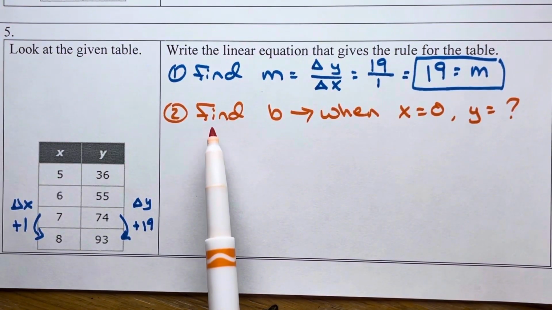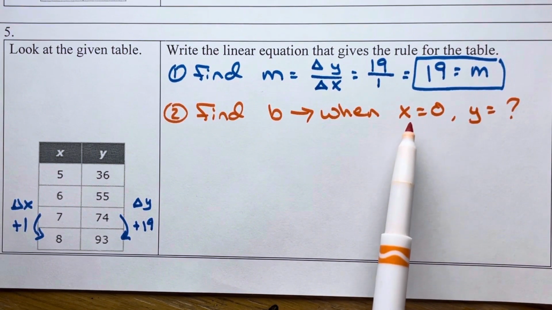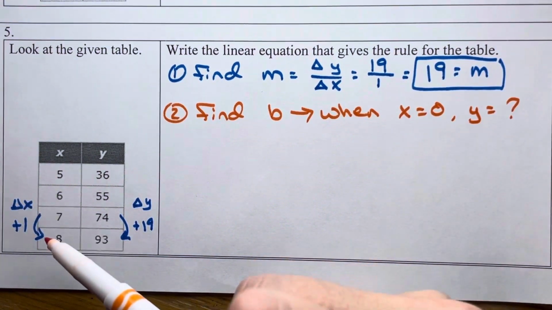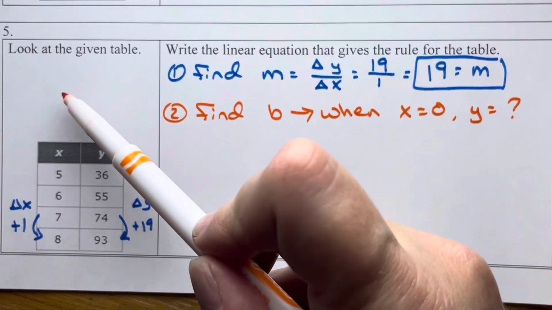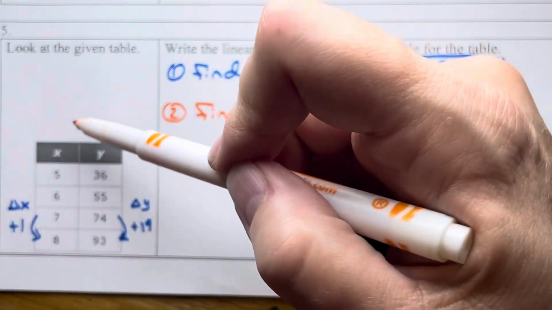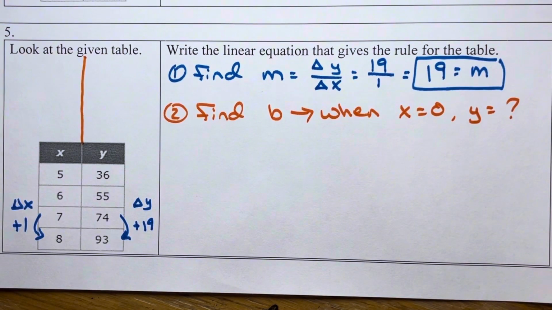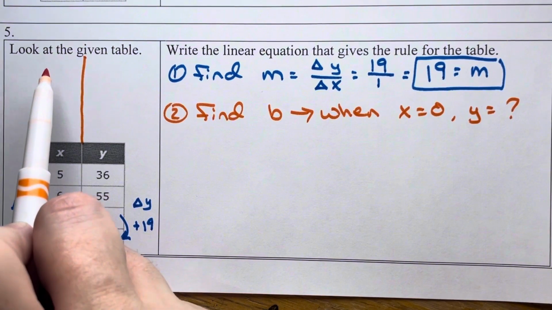Now that we found the slope, let's go find the y-intercept. And we know that that happens when x is equal to 0. We just need to find the corresponding y value. We do not have on this table an x value of 0 showing, so we need to go find it. We do that by extending your table upward and then walking your x values back to 0.